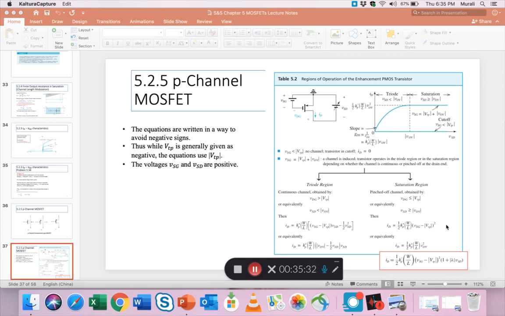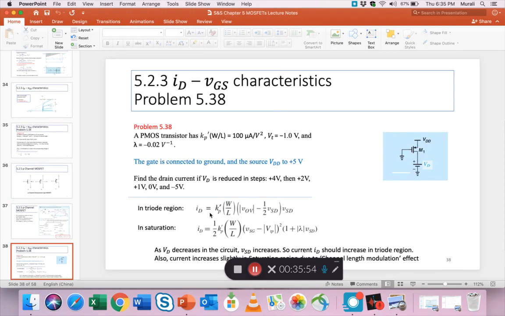So to do that, you will need this formula, and so I thought I'd bring it in so you have all the formulas in one place. So basically you take this basic formula, and then you attach that 1 plus lambda times VSD, and you can find the drain current. Okay, so that is a summary of MOSFET.